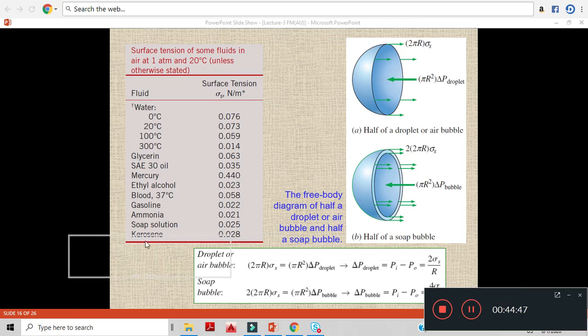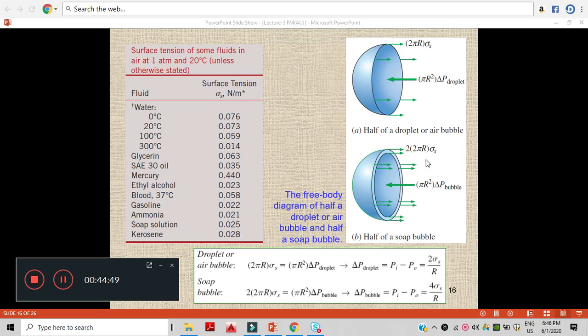In the same way, there is a difference between the soap bubble and the water droplet. In the air bubble, because it is also empty and there is no water inside, we have two surfaces. This is a free surface and this is also a free surface, so the surface tension is acting double on the surfaces.